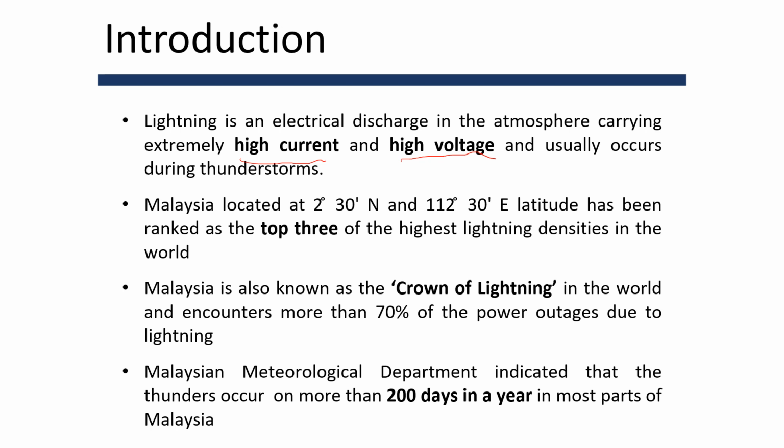As we know, Malaysia is located at this latitude and has been ranked in the top 3 of the highest lightning density in the world. Malaysia is also known as the crown of lightning, where more than 70% of power outages are due to lightning strikes.